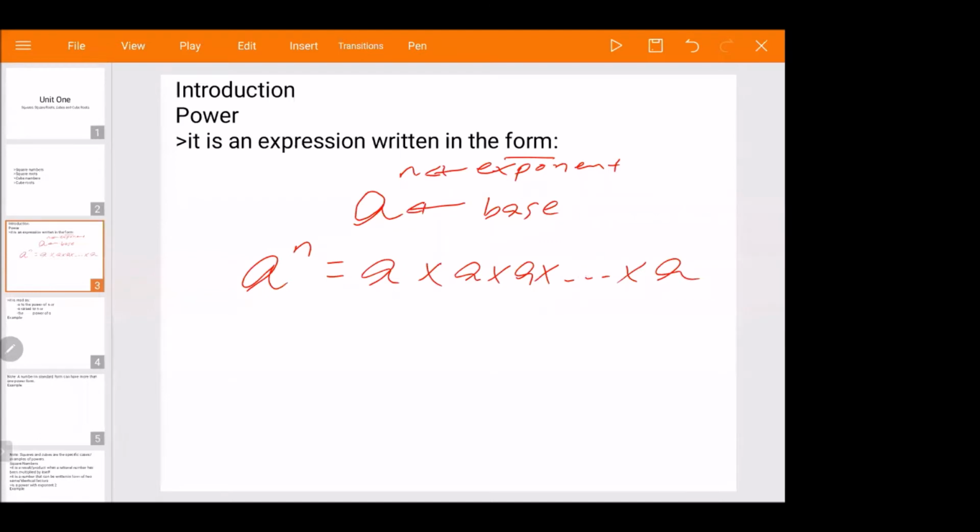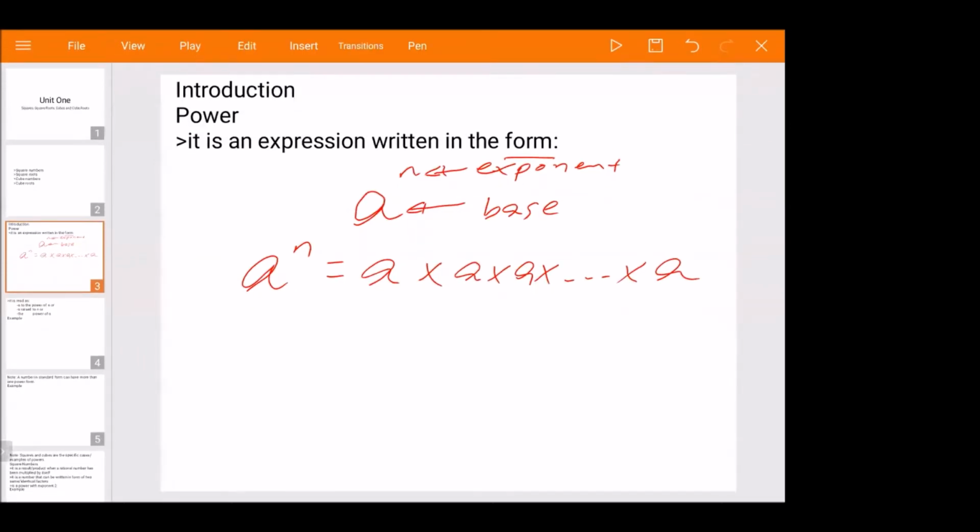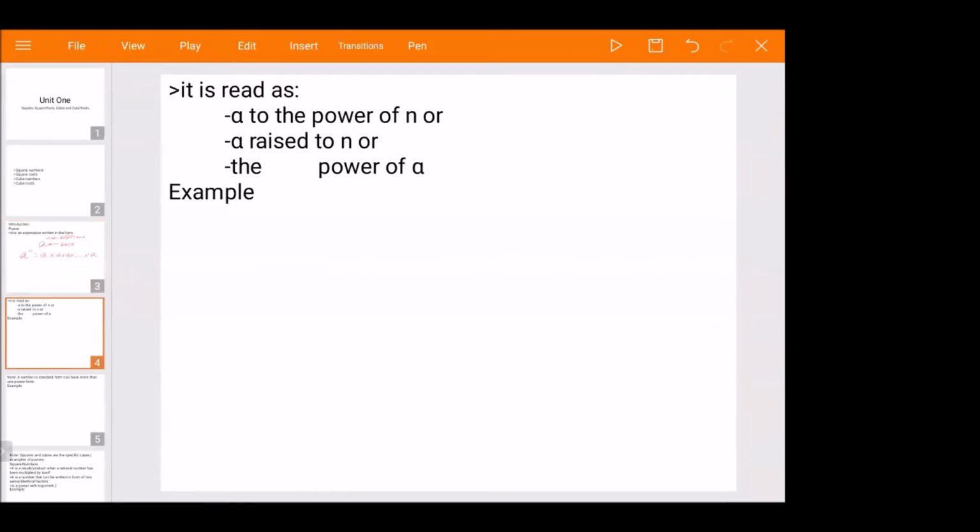And we can read the above expression as a to the power of n, or a raised to n, or the n's power of a.